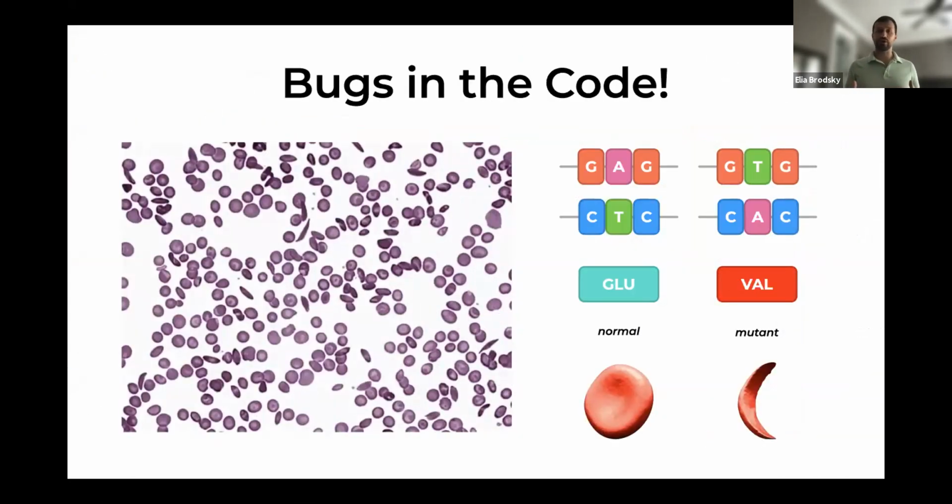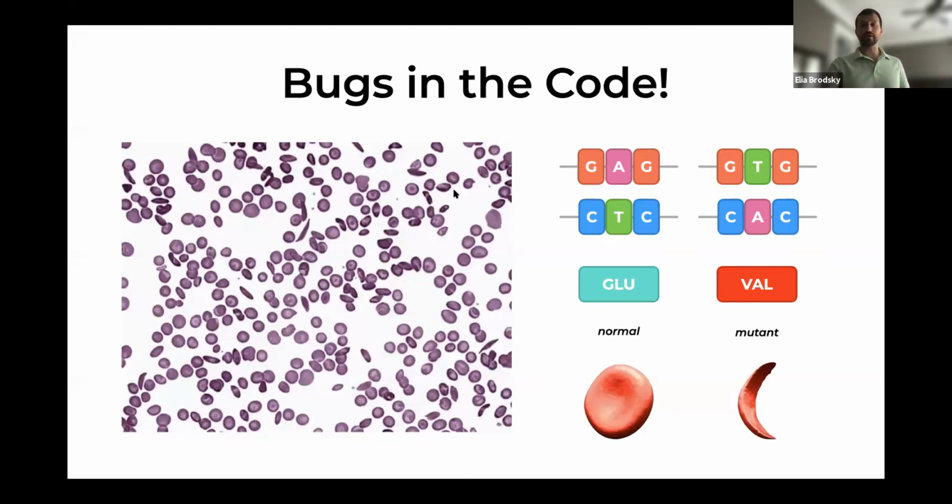And so the study of genomics is really focused on looking at the DNA code, trying to find patterns and bugs in the code that might lead to phenotypic changes, or changes in the actual functional molecules that our cells use to operate and function as we grow.